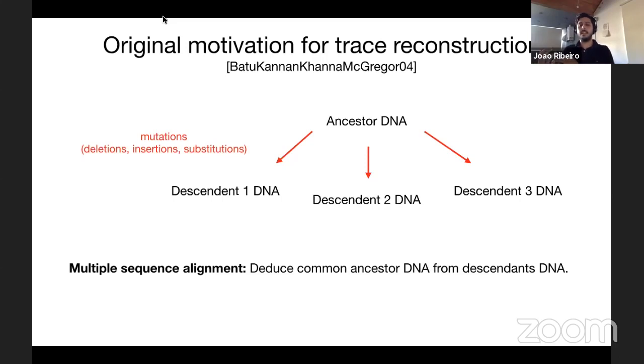At the present time, you really just see the descendants, which are your traces, and you want to recover something that's close to your ancestor DNA so you can find the common ancestor. Of course, trace reconstruction is a simplified version of this problem because the errors here are clearly not IID, but this gives some motivation, and we'll actually see that recently some other motivation arose, and we're going to discuss that when we get to coded trace reconstruction.